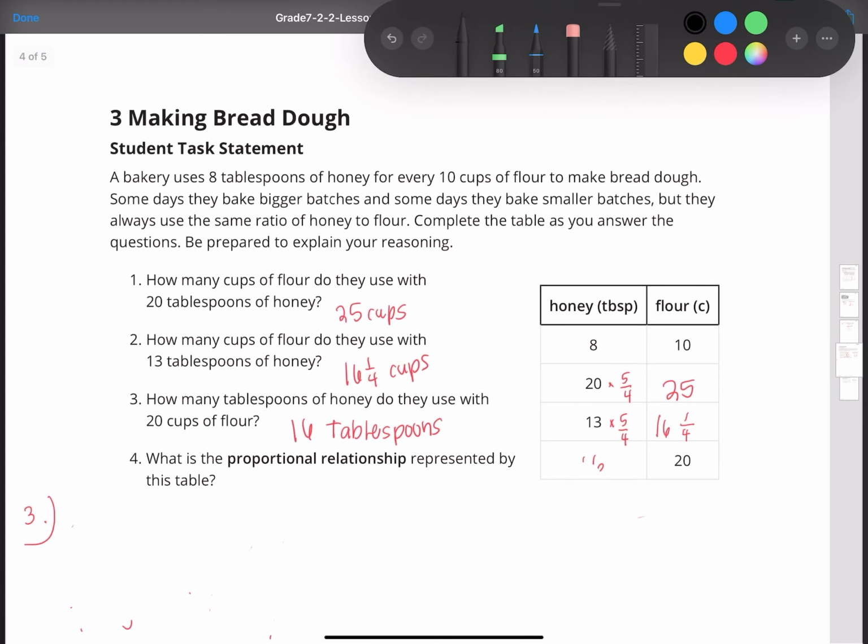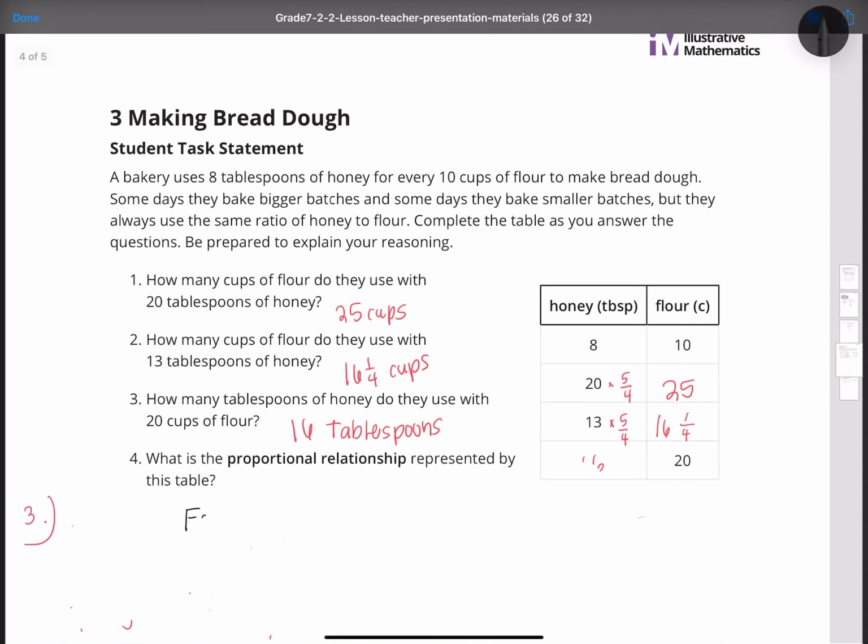You could write it in ratio form: for every 1 tablespoon of honey, there is, and I could break this down to its actual form.